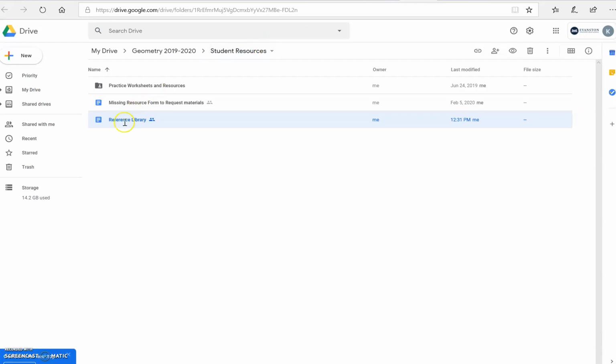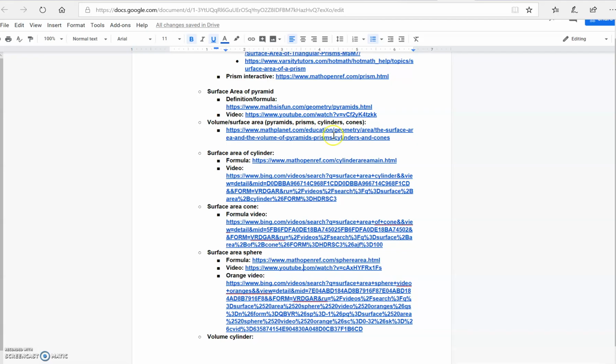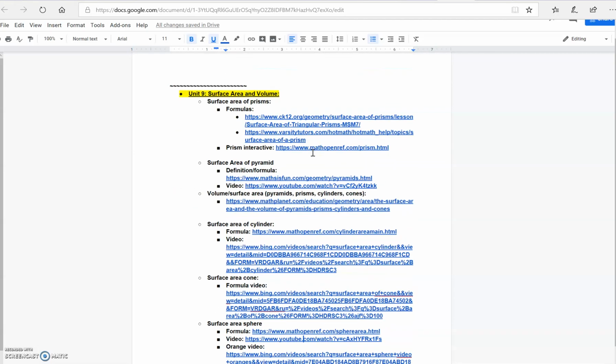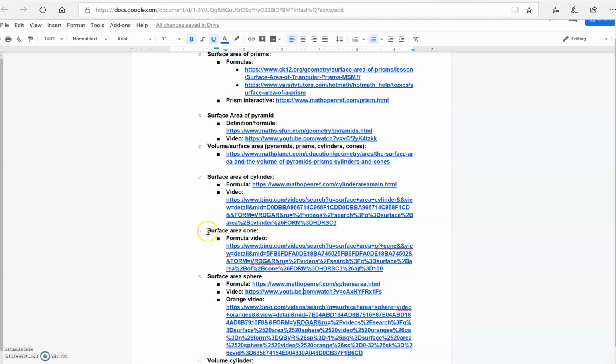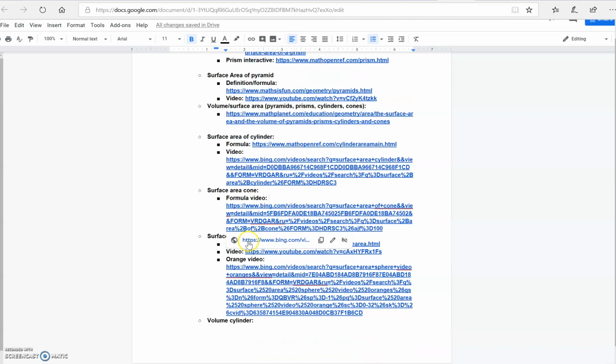If you go in there and choose the reference library Google document, and then scroll all the way down, I'm in unit 9 surface area and volume. If we go to surface area of a cone, I've pasted that video where they explain where that comes from. And I've also got a video for the surface area of a sphere as well.